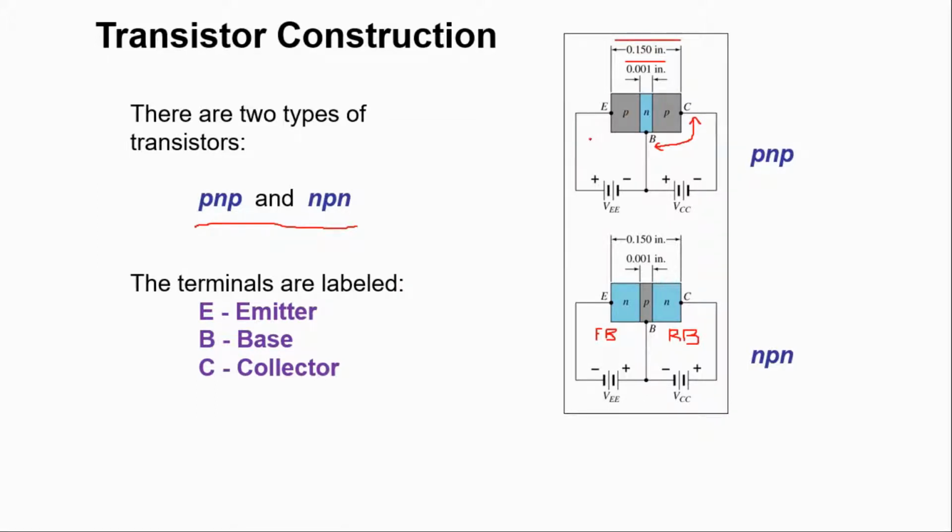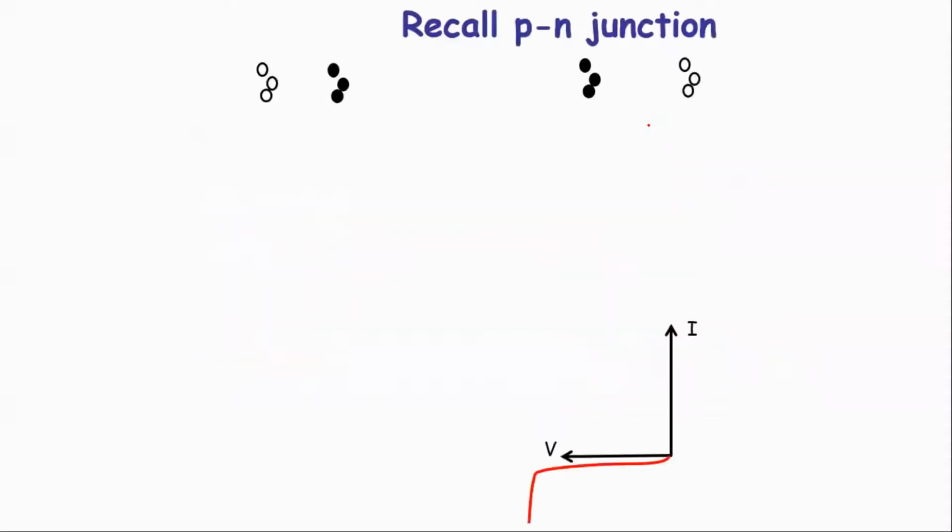The difference is that we are putting a very small semiconductor slice in between two similar semiconductors. It's basically sandwiching this particular semiconductor here. This approach is very different in terms of working. We will discuss that now in the coming slides.